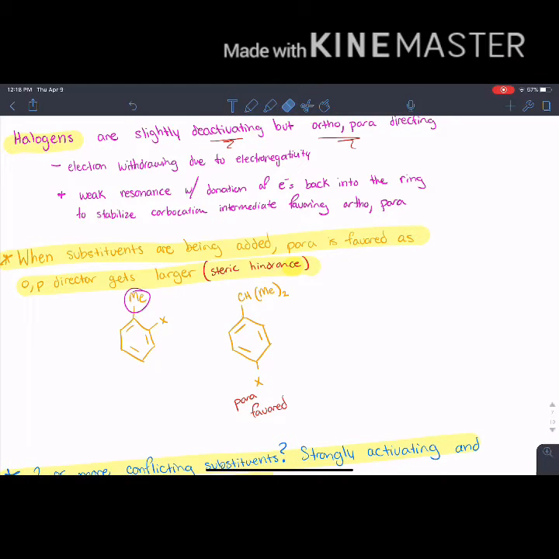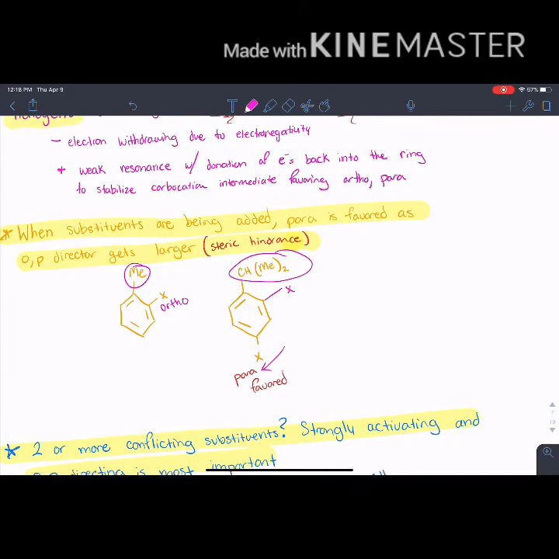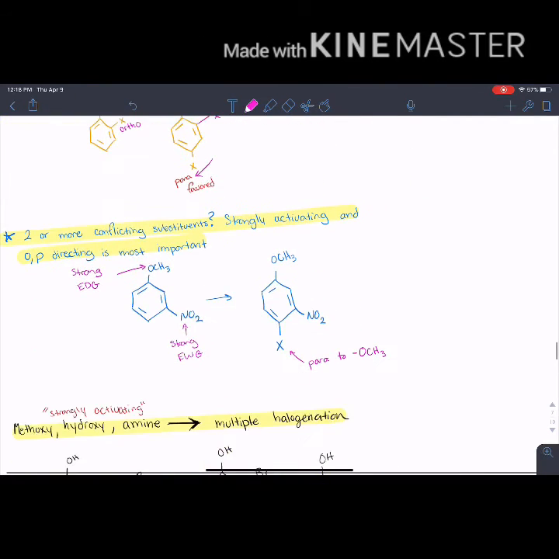My bad, this is ortho, let me correct that. Remember, this is para. So as the substituent gets larger, as we can see right here, the para position is going to be favored because of that steric hindrance preventing the substituent going here. However, it's not impossible, but as this substituent gets larger, the para position is going to be favored.